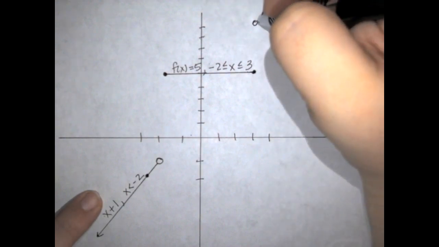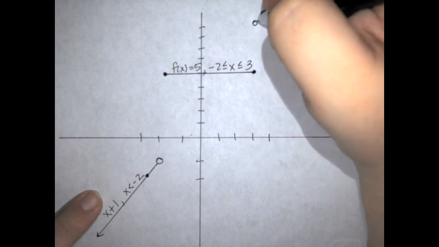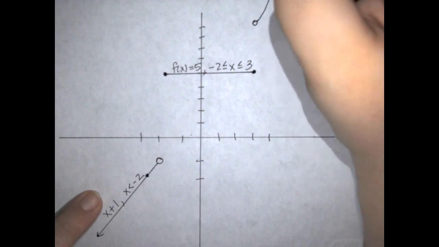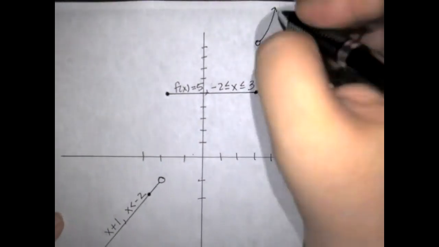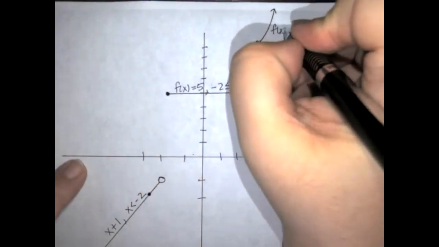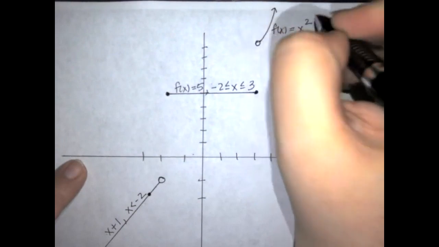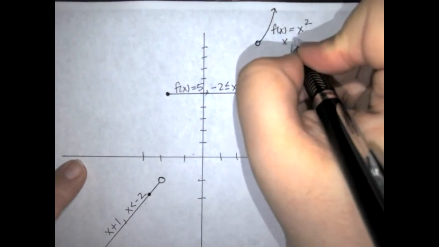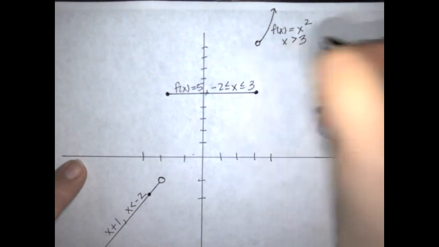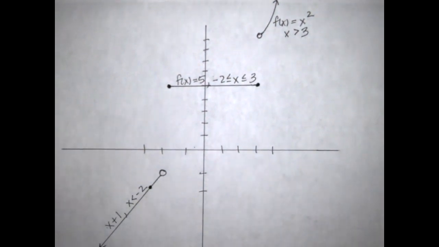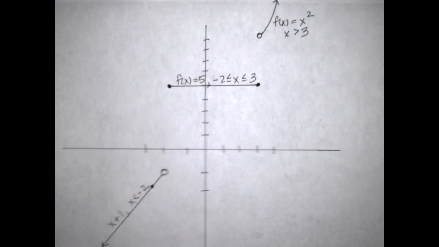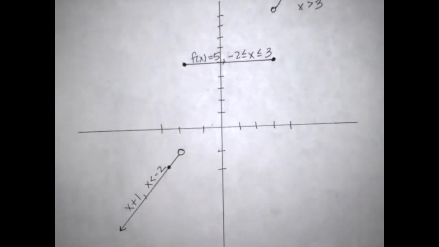So here, this graph, because it is a parabola, is going to have a slight curve to it, and it's going to kind of go up in that direction. So here, this is the part that f of x equals x squared, and it's for all values greater than 3. Okay? So that is how you graph your piecewise functions using the bounds that you have been given.